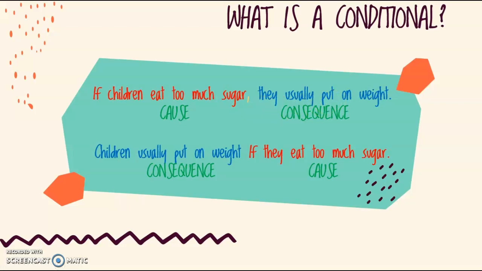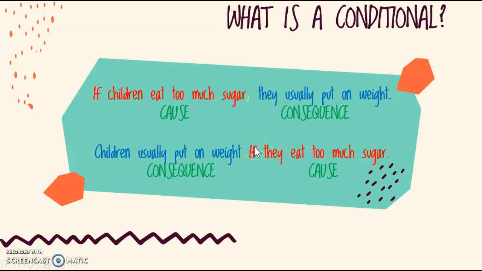Do not forget that it is possible to make it the opposite way. You can start by saying the consequence first and then announce the cause. We can say: children usually put on weight, which is the consequence, if they eat too much sugar. But in this case we are not going to join these two sentences with a comma but with the if.